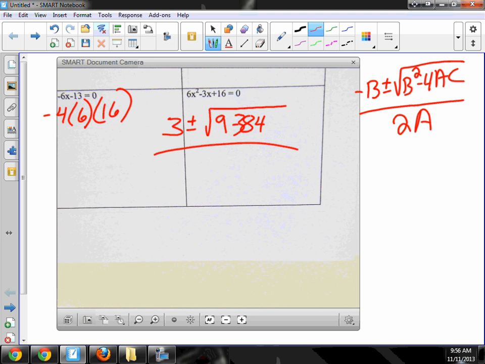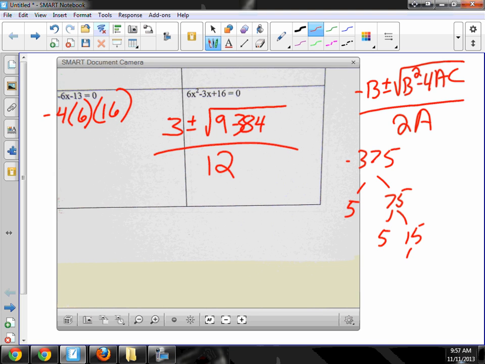Over 2a, which is 2 times 6, which is 12. So 9 minus 384 is negative 375. What goes into 375? 5 and 75. What goes into 75? 5 and 15. What goes into 15? 3 and 5.